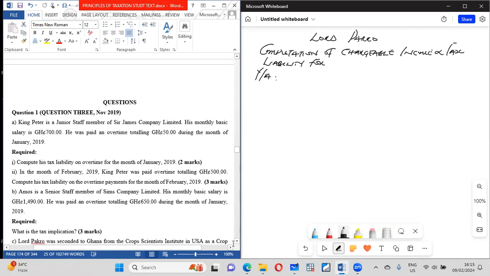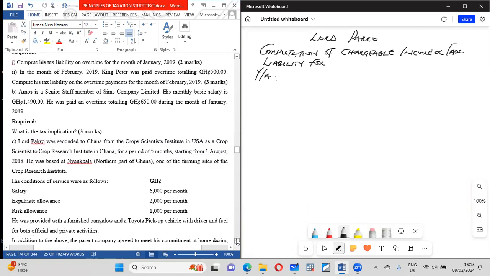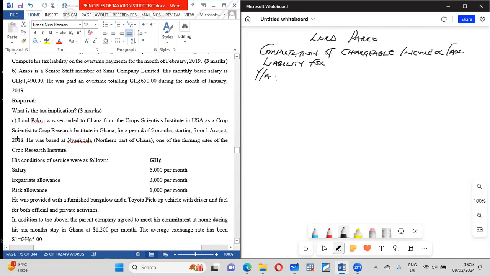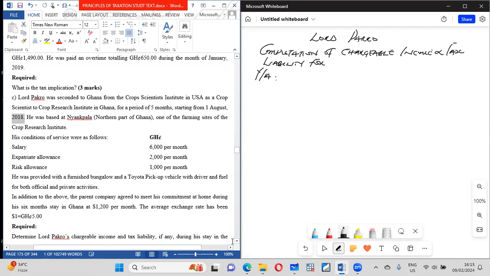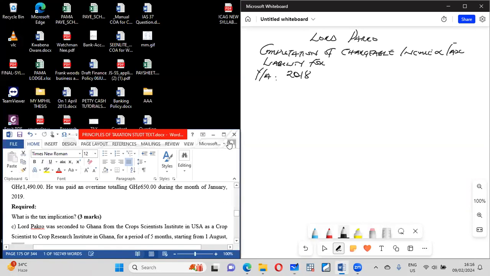Okay, let's assume it's 2019. Oh, actually, he started in August. If he started in August, then it would be August, September, October, November, and probably December. So the year of assessment might be 2018. The question didn't actually state that.